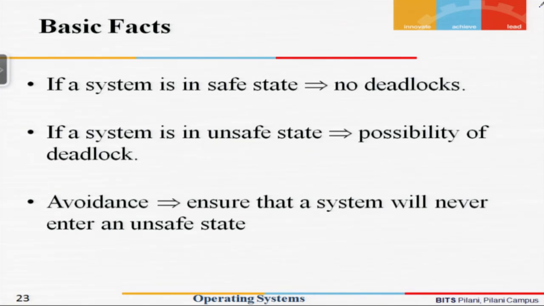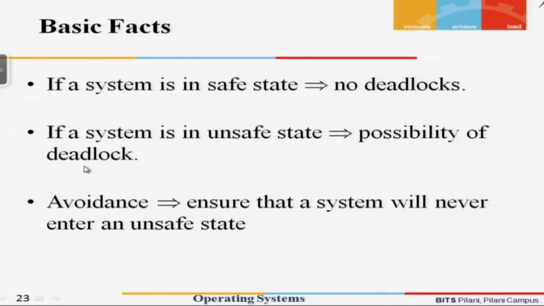It doesn't necessarily mean that if a system is in an unsafe state, it will enter into a deadlock, because it may happen that a particular process which has made a request for some resource and which has led to an unsafe state, the processes may not require any more resources and they may simply exit from the system, releasing all the resources, and therefore the system may once again enter into a safe state.